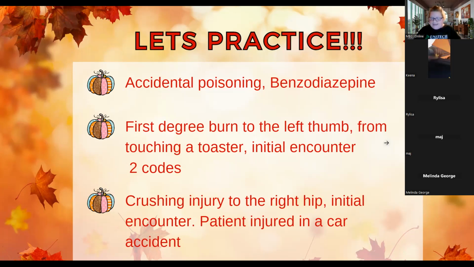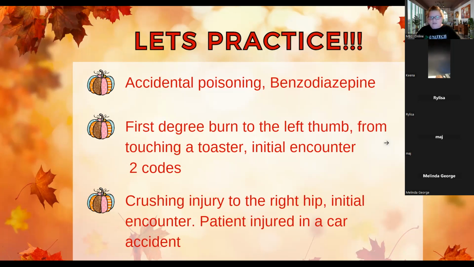And then we see those X's right in front of it, right? So that's 1, 2, 3, 4, 5. So we're going to need one X and then our A to indicate initial encounter. So S77.01XA is an apple. And that'll be your correct answer for the hip injury.